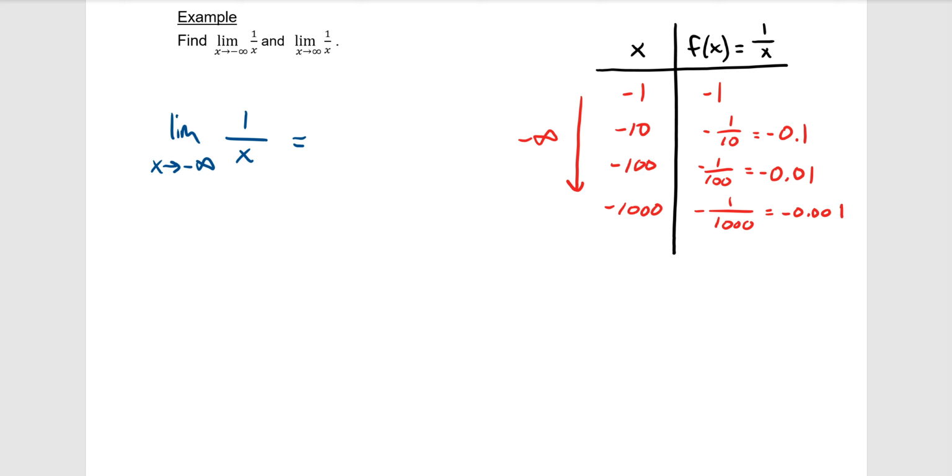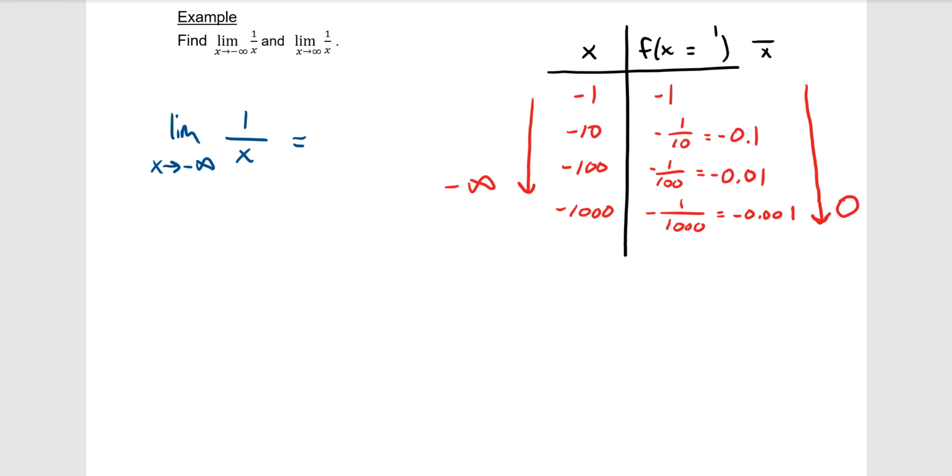We could keep on going. We could have chosen larger numbers here, but hopefully it's clear that these numbers are approaching 0. So we have our x values approaching negative infinity, and the function values are approaching 0.